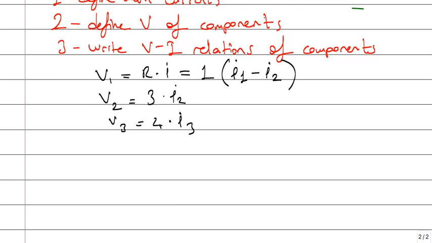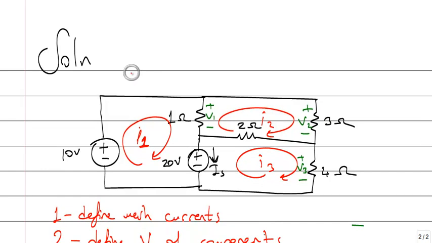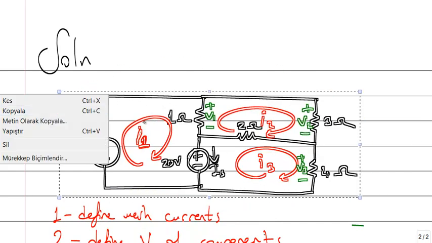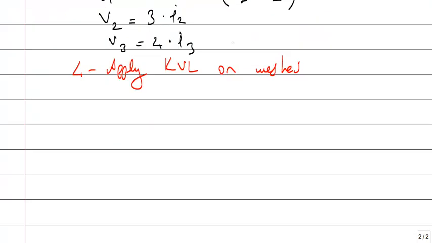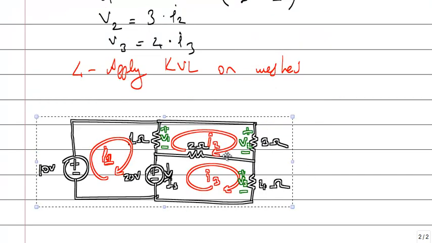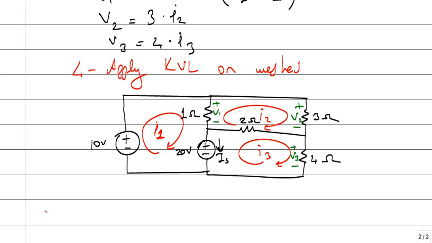Okay. Then the next step is apply KVL on meshes. Let me copy my circuit and then apply. Okay, on mesh 1, can you help me? Start from a point and continue on, follow on the components to reach the same point.